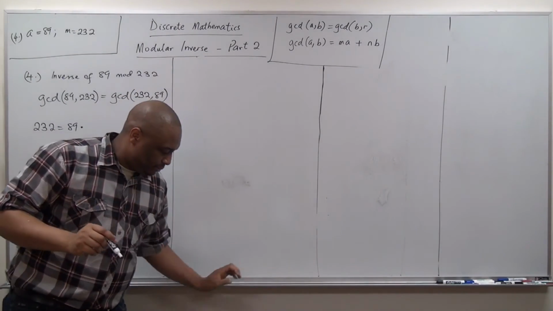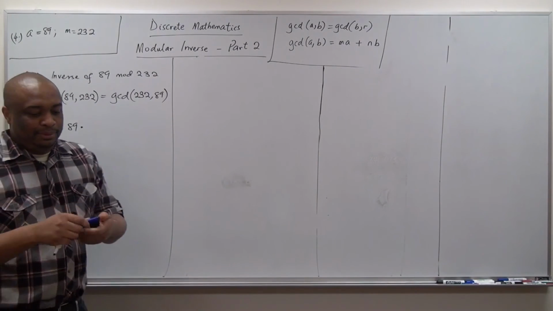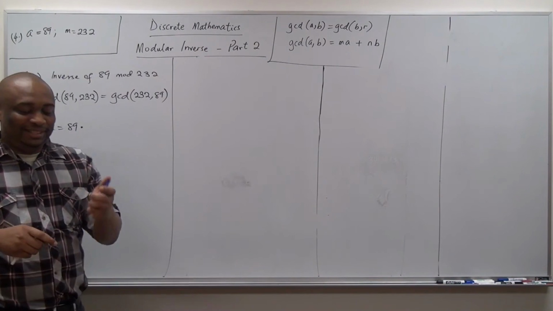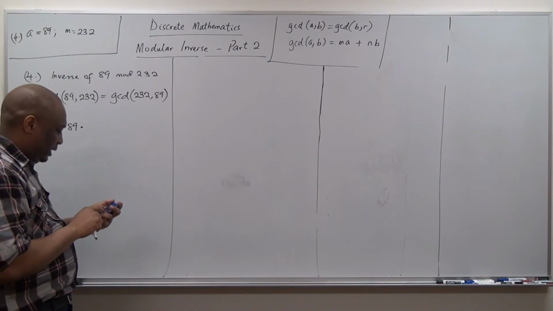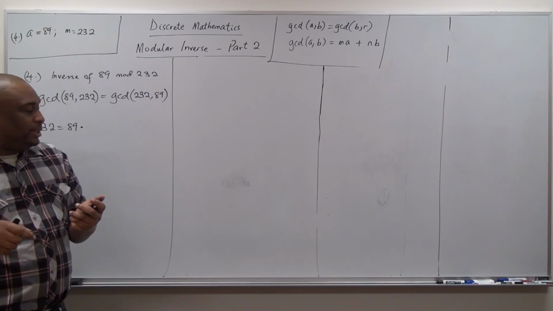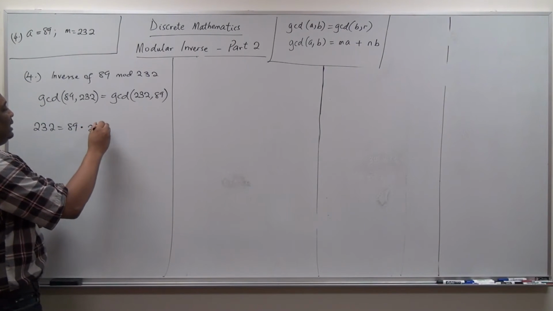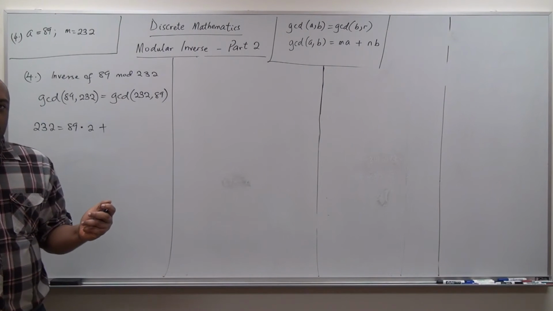To save time, I use my simple calculator, adding machine. 232 divided by 89 gives us 2.6 something. So 89 times 2, I take the integer part, which is 2.